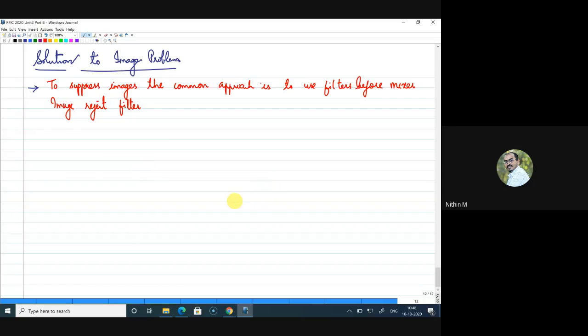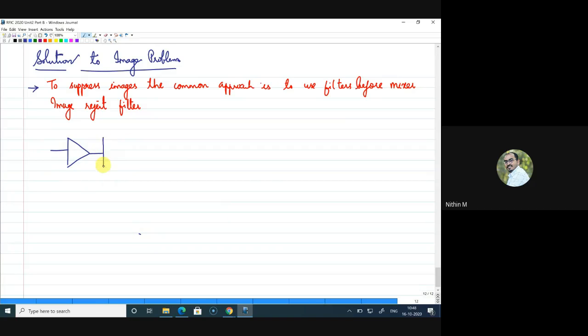So we are slowly developing a new architecture. From the regular heterodyne receiver, we are slowly moving to a new one. We have the LNA, and soon after the LNA we keep the mixer, but now we understand that will result in some images.